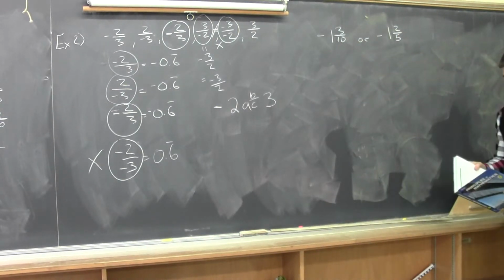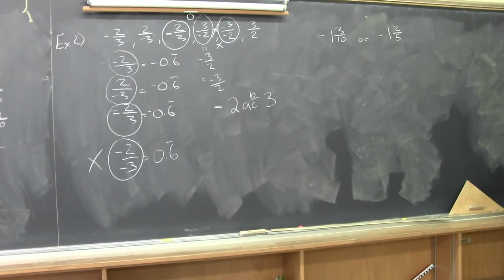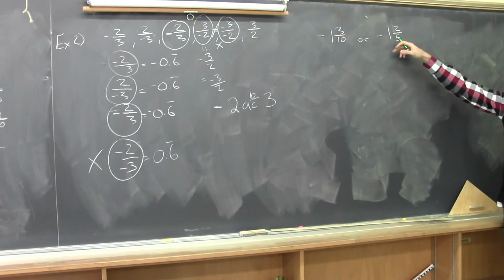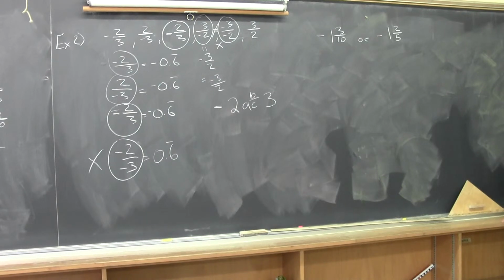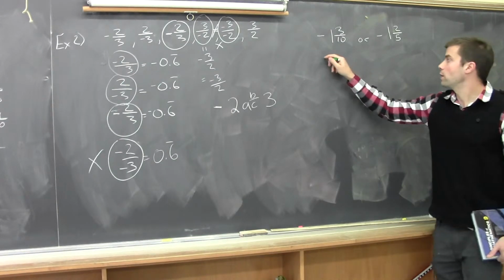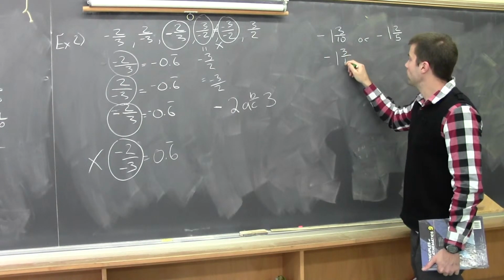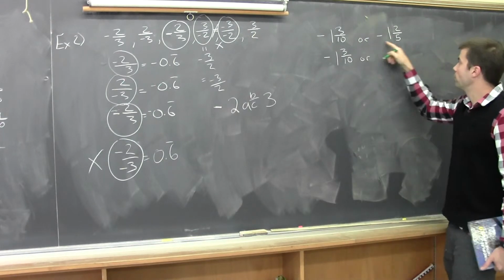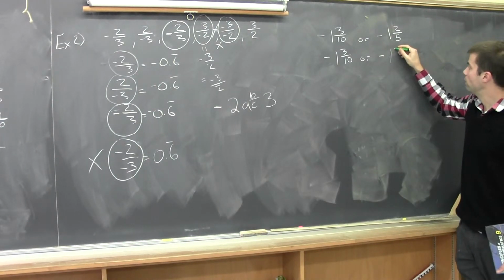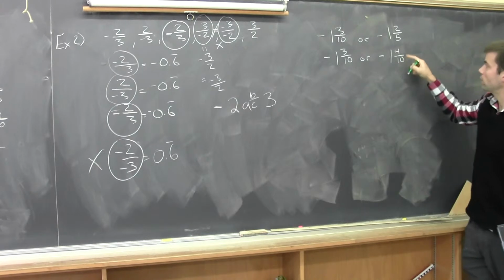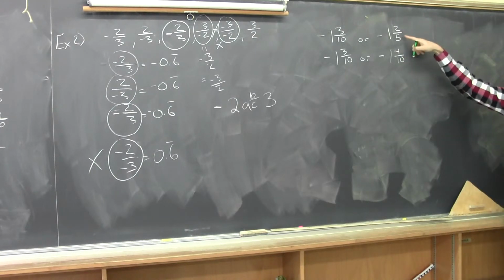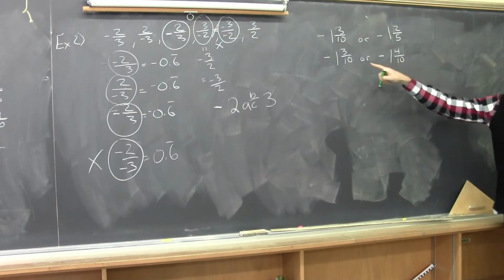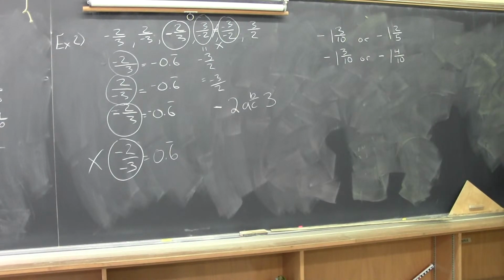It says, determine which number is greater, negative 3/10 or negative 1 2/5. First of all, before we start comparing them, let's put them on the same denominator. So this is going to be negative 1 4/10. I'm just multiplying the denominator by 2 here, so we have the same denominator of 10.